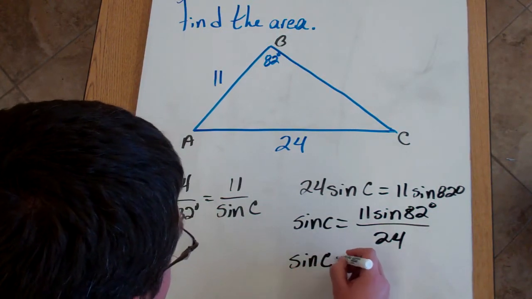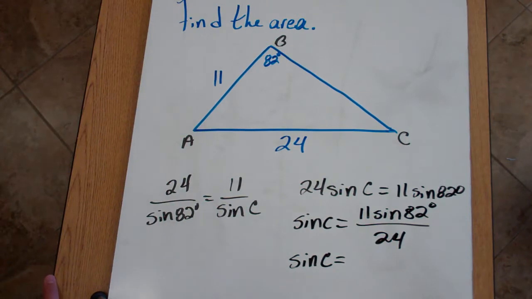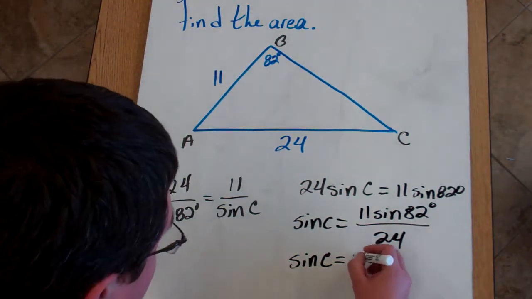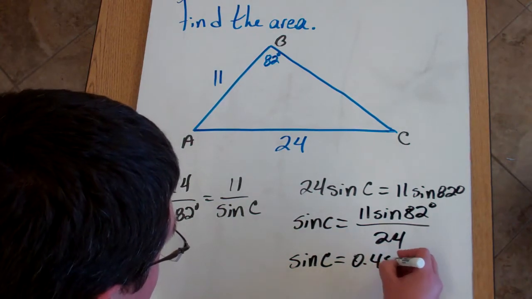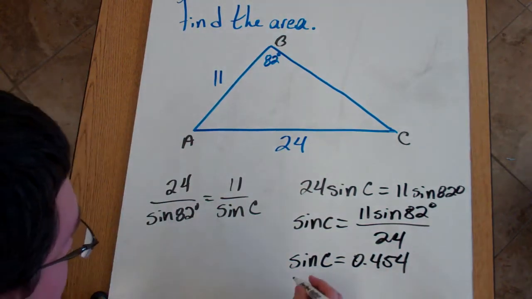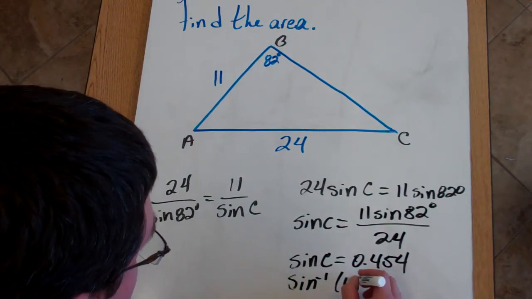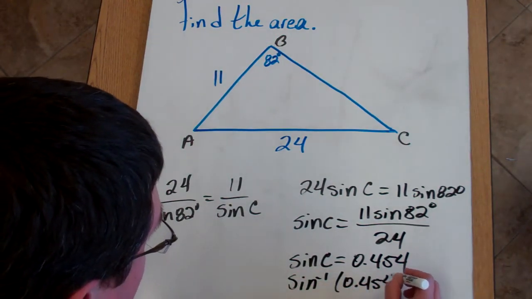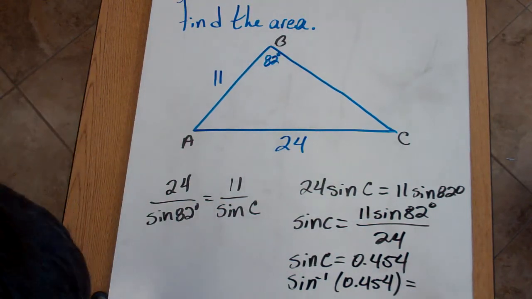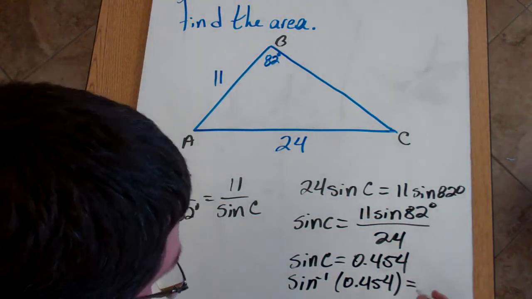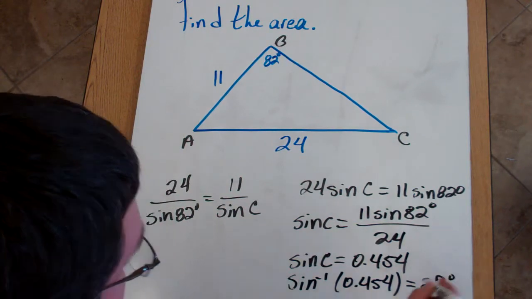So the sine of C is going to give us 0.454. And remember, now you need to take the inverse sine of the 0.454. And that will give us our angle, which is 27 degrees.